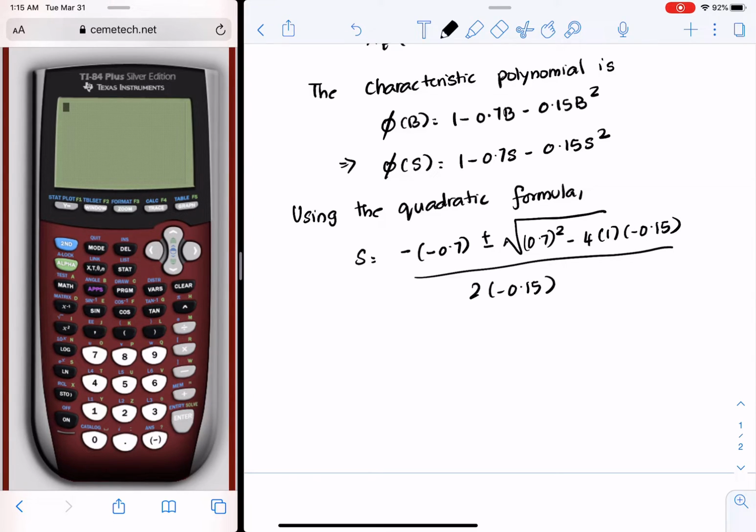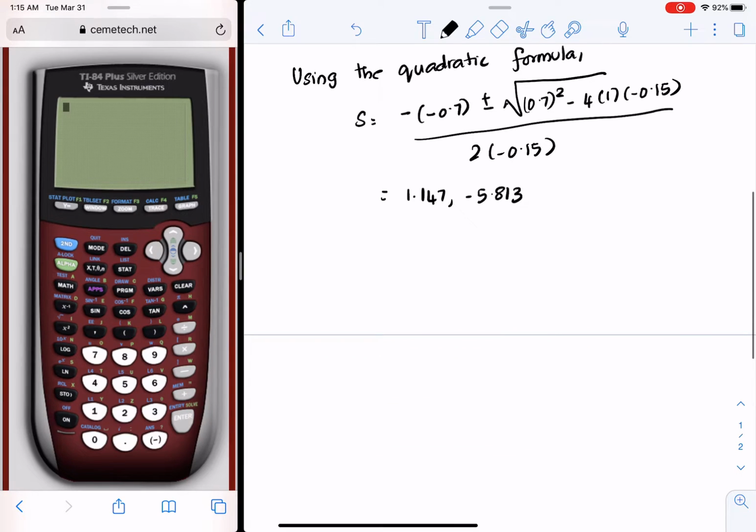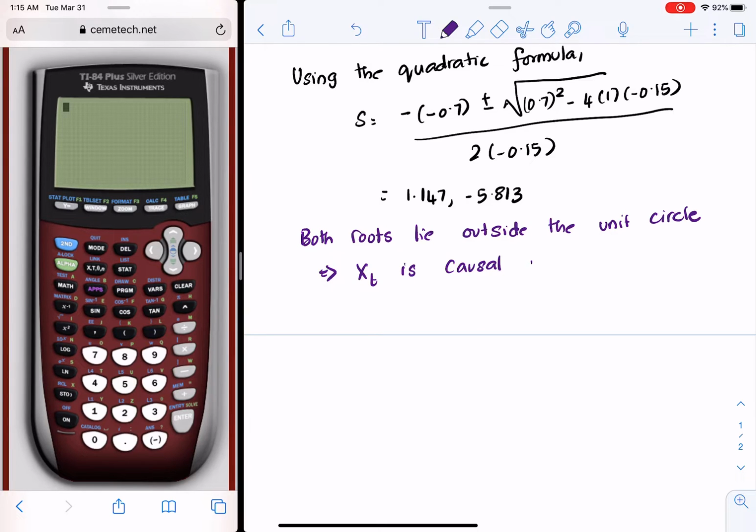And if you use the formula, we'd end up finding the roots as 1.147 and negative 5.813. Both roots lie outside the unit circle, which would imply x_t is causal and stationary.